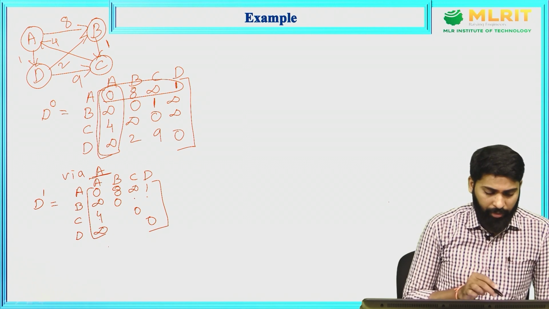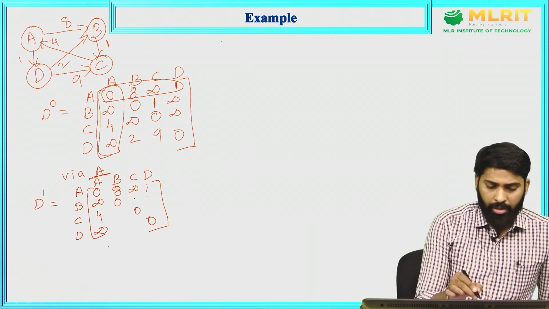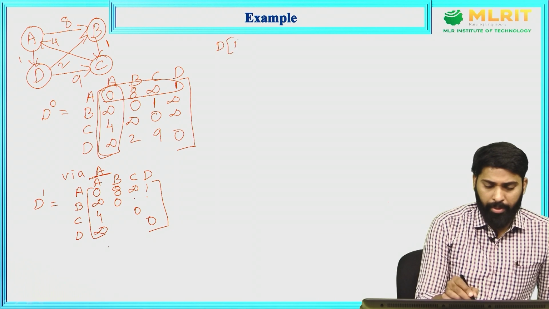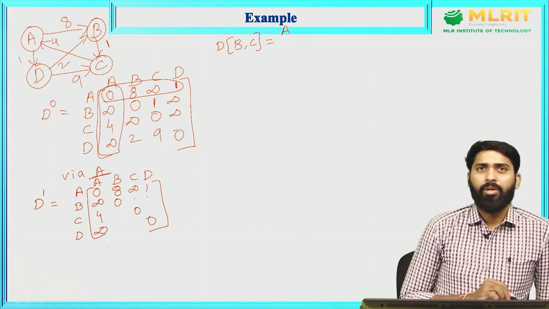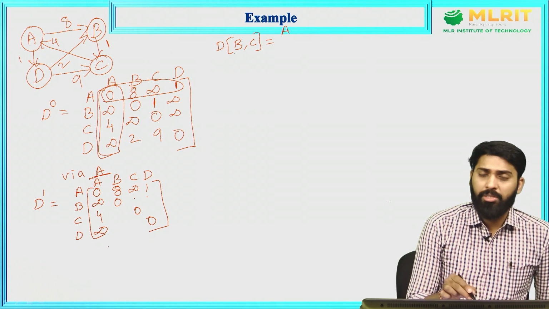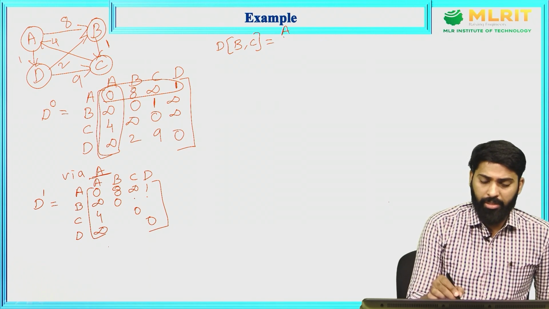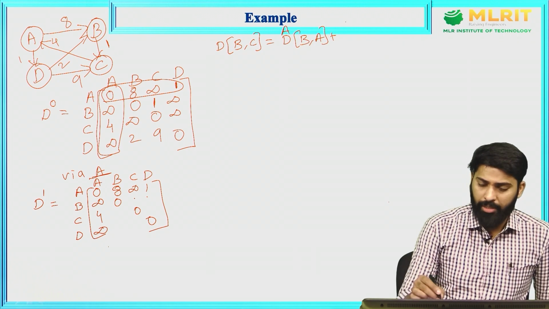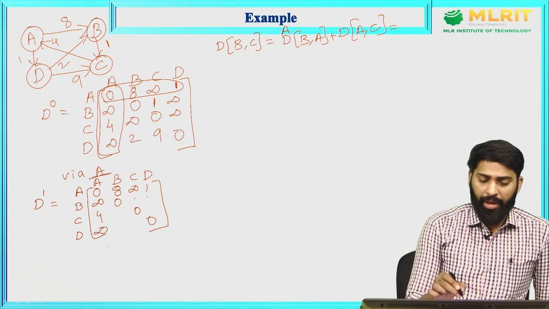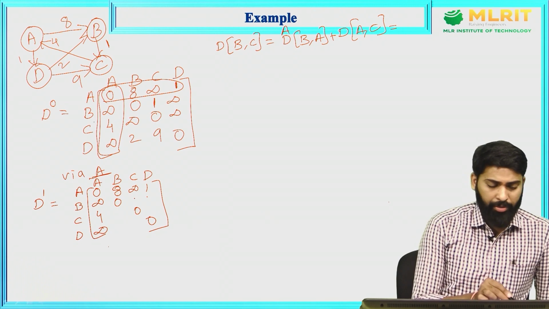That's it. Now we are going to find the remaining values. Okay. Now first we find distance of B to C. Via vertex is A. Now what is the formula? Distance of B to C means distance of B to A plus distance of A to C. Okay. So what is the actual value of distance of B to C? That is 1.